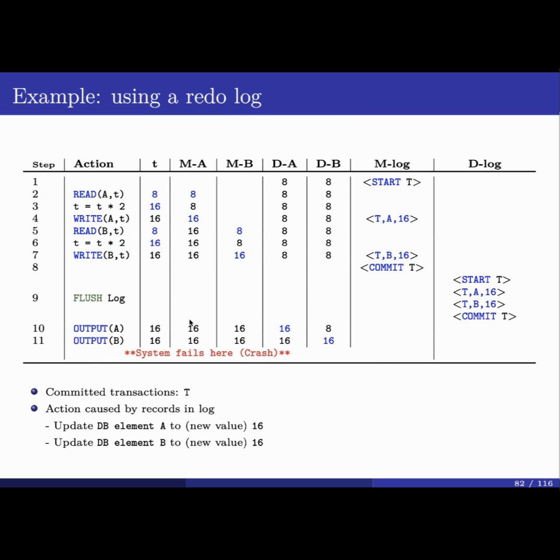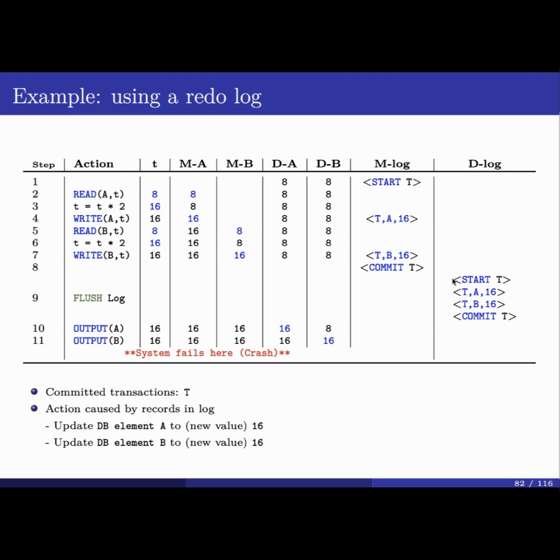Okay, so assume that we have a redo log here, this information given to you, the log entries here. Then assume the system crashes, fails here, after this point. So what I'm going to do here, first I need to identify all the committed transactions. In this case, you have only T. Then after that, the order is very important.